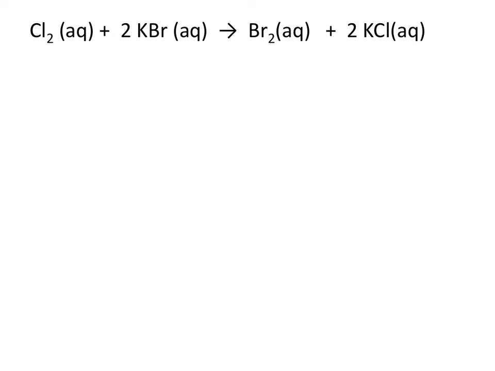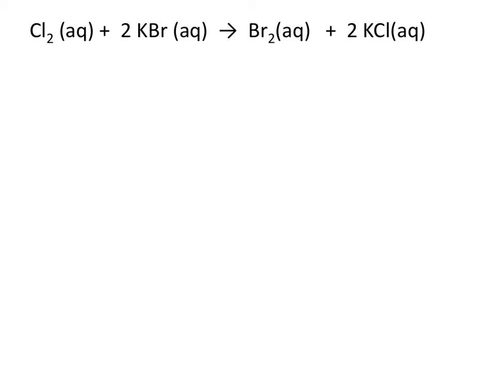And to write an ionic equation for this, we split up substances that are ionic and are dissolved. We can do that because when you put an ionic solid in water and it dissolves, the ionic lattice breaks up, so the ions float round independently of each other.